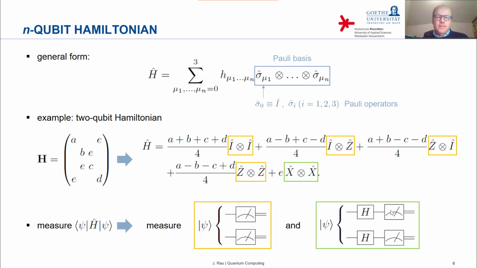If we had Pauli Y's as well, then we would have to use a different rotation for the basis. But so we can translate this measurement procedure into our language of quantum circuits.